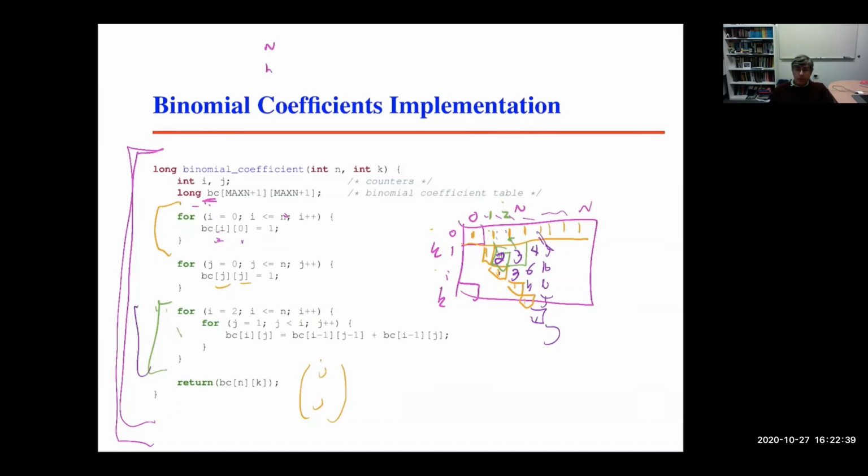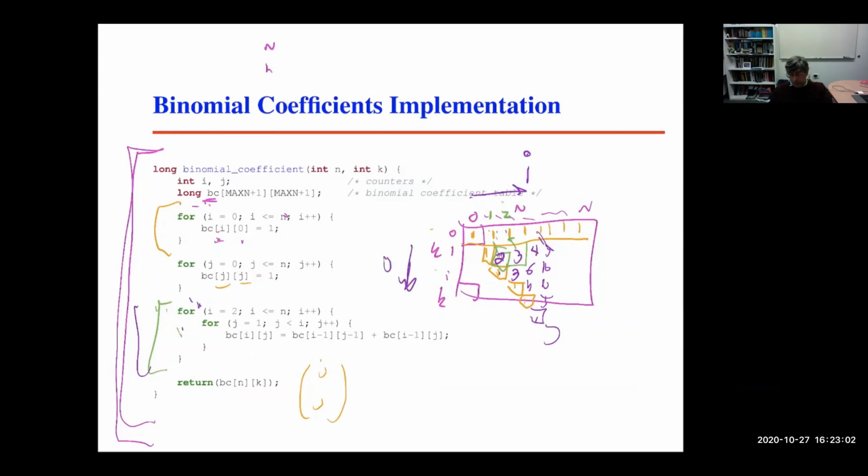This is an important thing to be able to see. How do I do it? My i is kind of my n value. My i loop is going to be going on this dimension. My j loop, which is going faster, is going on this dimension.